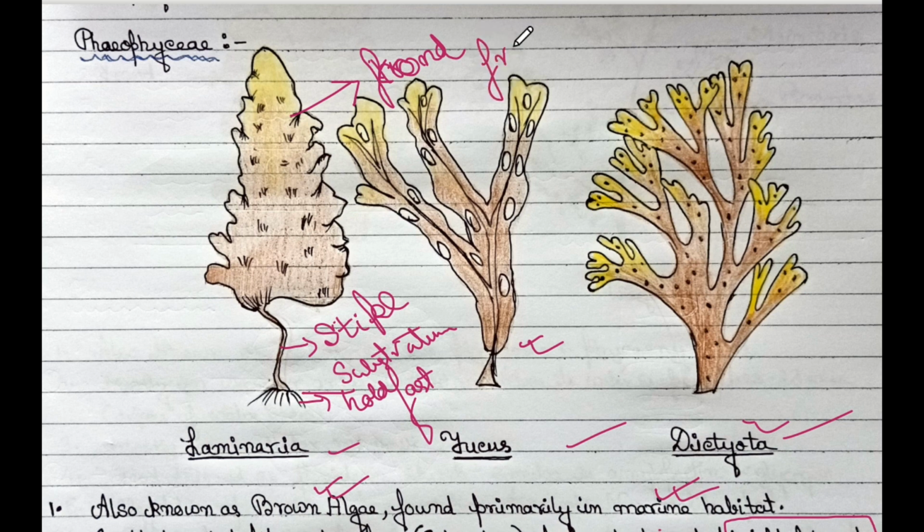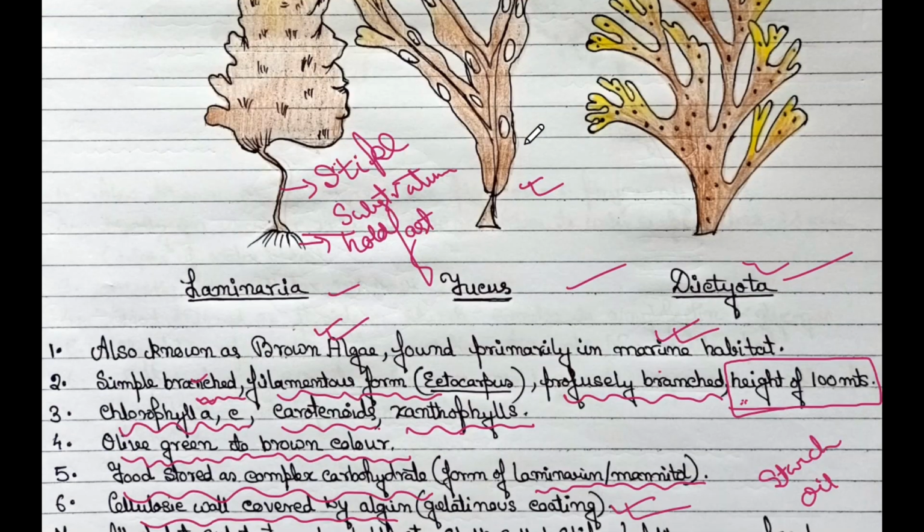If you cannot see this handwriting, once again, frond. Okay, so there is a holdfast which will hold the algae to the substratum. Then there is a stalk which is known as stipe, and beyond that there is a leaf-like structure known as frond.